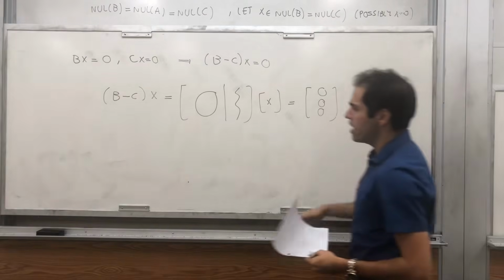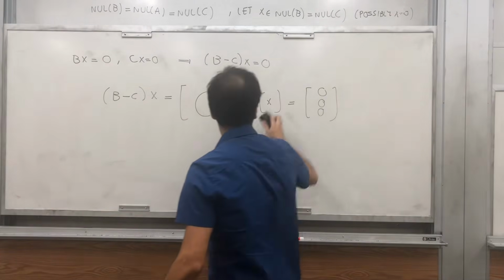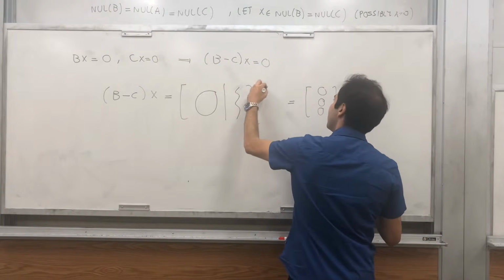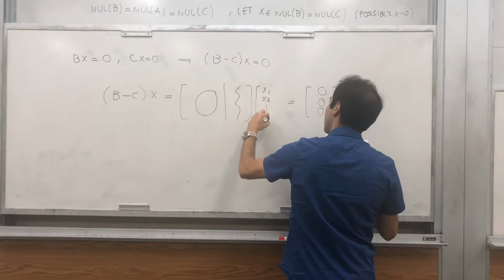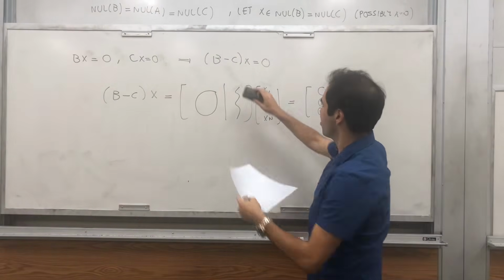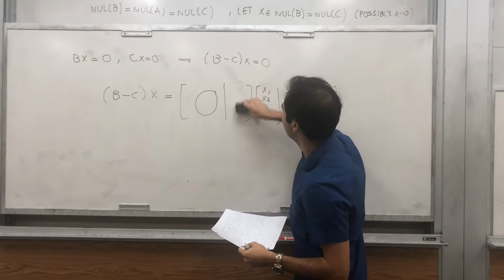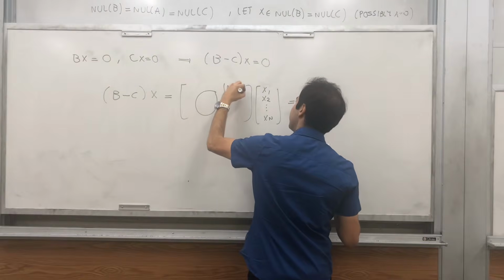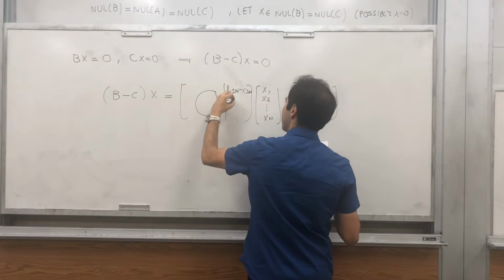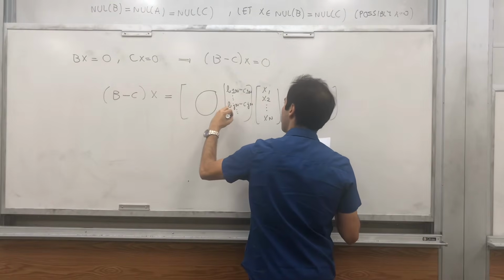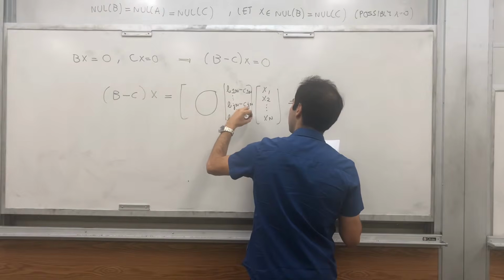And then, if you think of x as x1, x2, etc., up to xn, and you multiply it, so maybe let me be clearer with this last column. That would be b1n minus c1n, bjn minus cjn, up to bmn minus cmn.